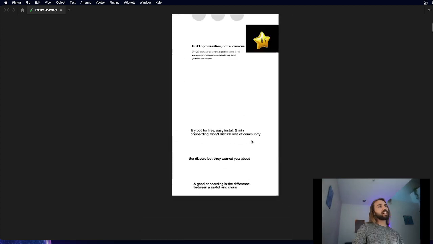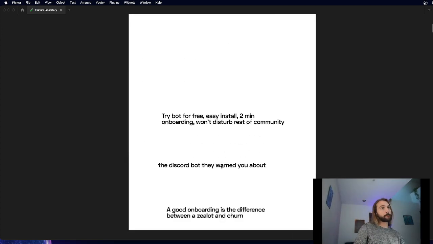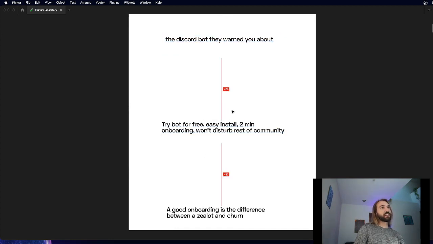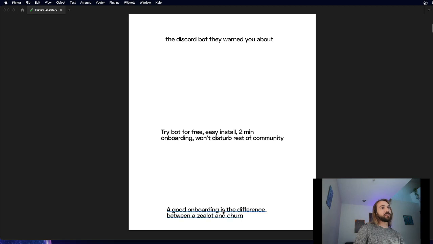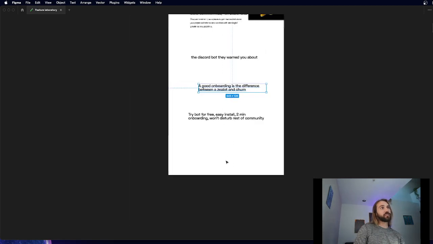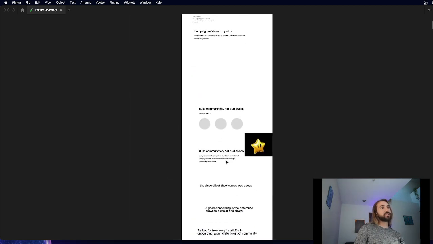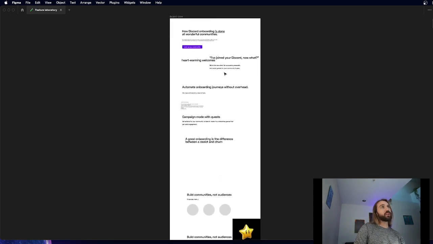And then I guess about it, they were fun angles. The Discord bot they warned you about can make it kind of fun. Good onboarding is the difference between a zealot and churn. I think this actually leads really well into a second point.